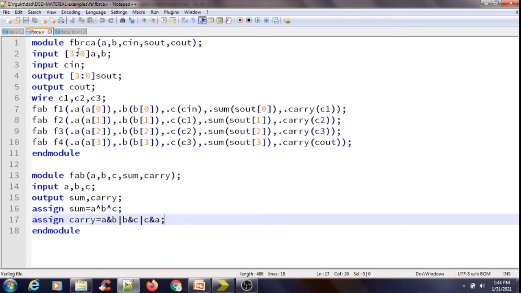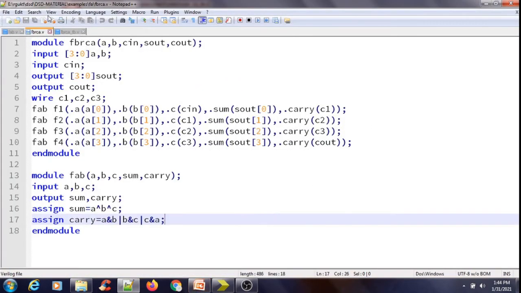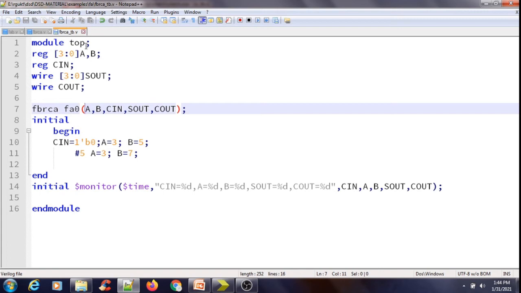After this, the 4-bit ripple carry adder is instantiated inside some top level block, that is top. This top is nothing but the test bench. This test bench is generating some signals. Those signals are capital A and capital B, which are 4-bit vectors each, and it is also generating one signal called C in.